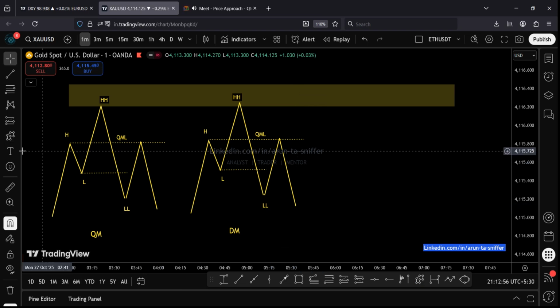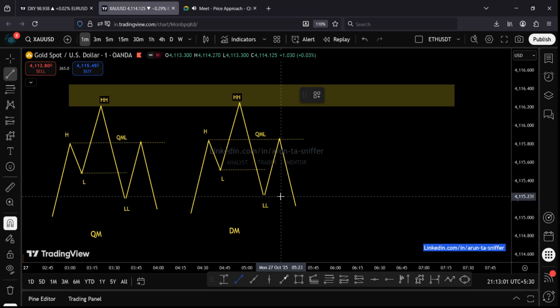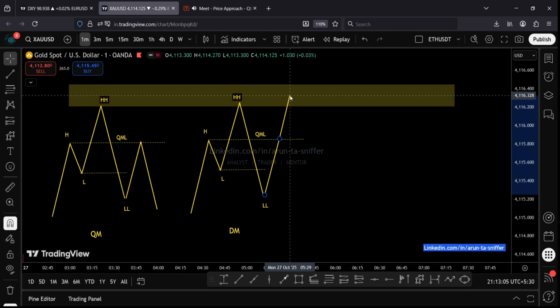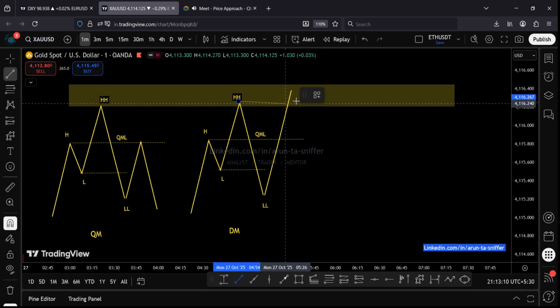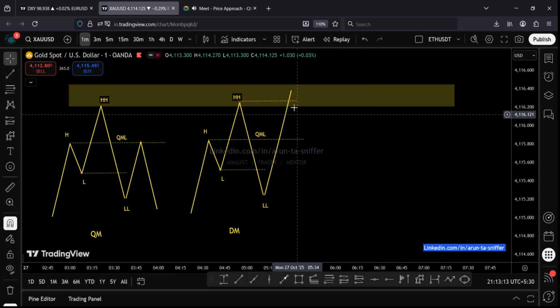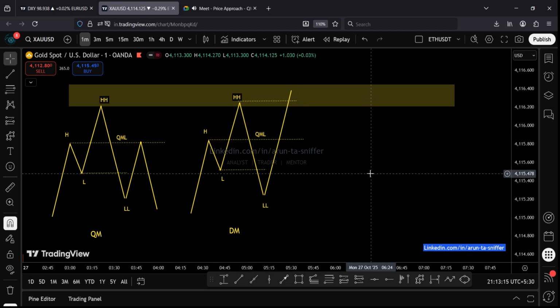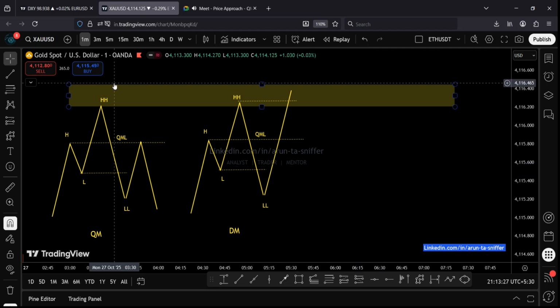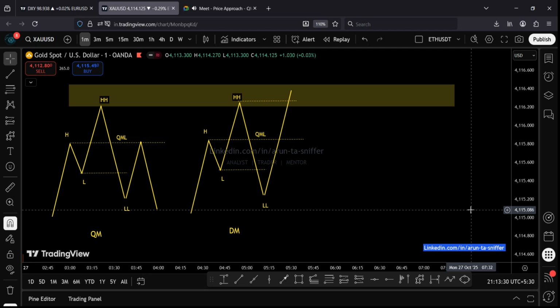Price came here, next lower low. Instead of falling from the QM level, price goes up and breaks this higher high. So now we call this DM, diamond.